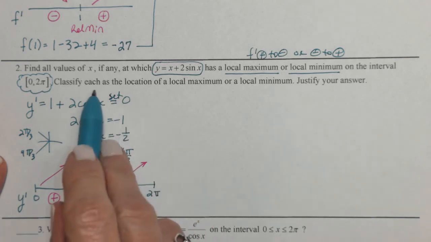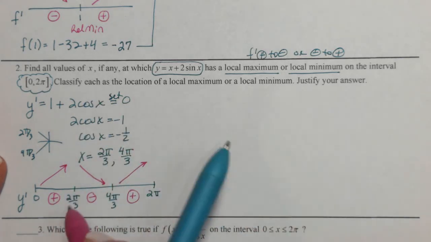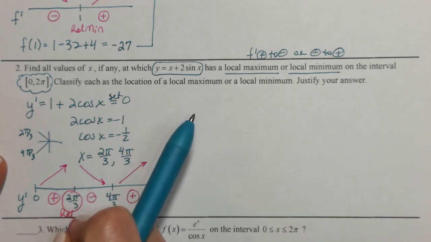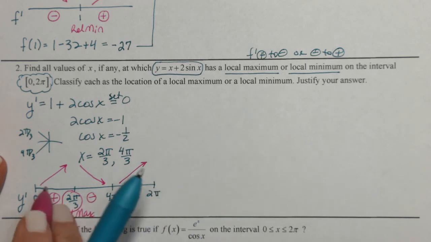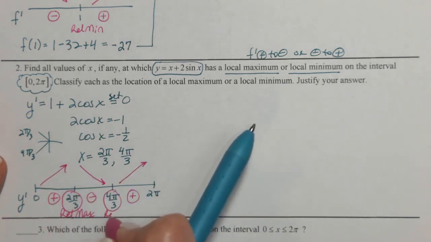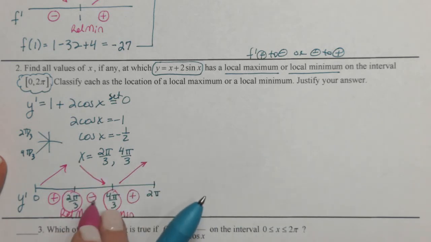So, if we want to know the location of a local max or local min, this 2 pi over 3 will be a relative or local max because we went from increasing to decreasing, and 4 pi over 3 will be a relative min since we went from decreasing to increasing. Y prime went from negative to positive.